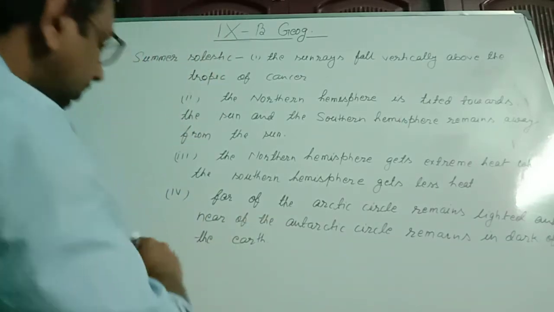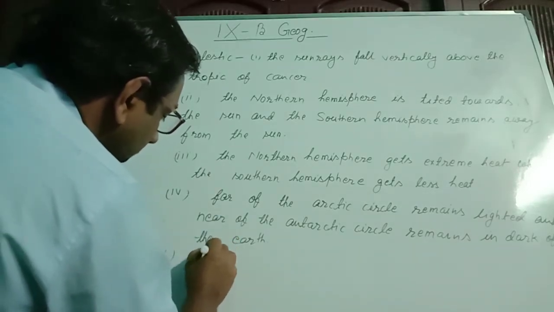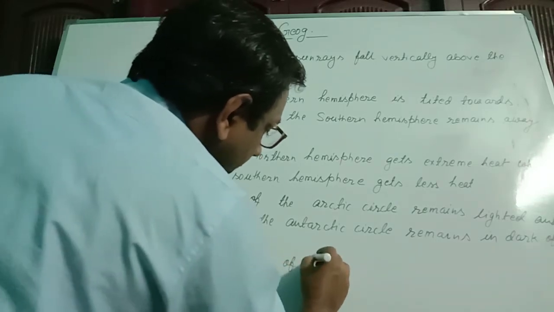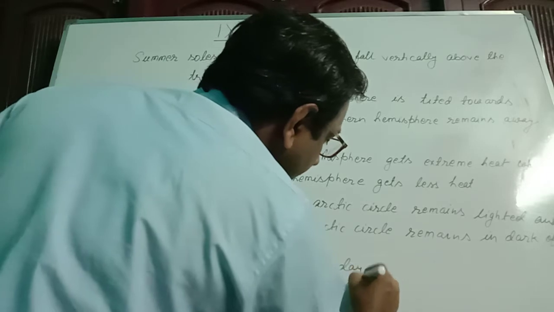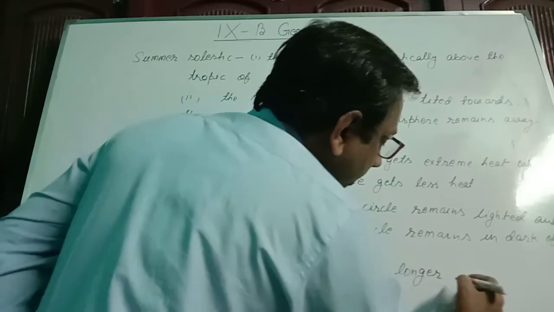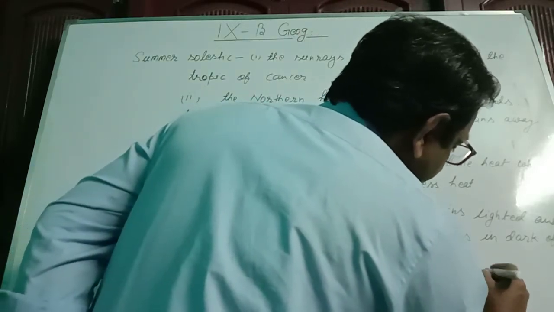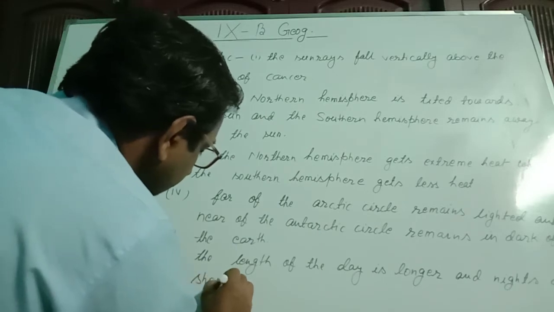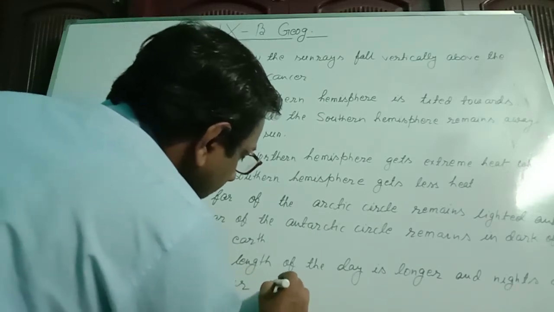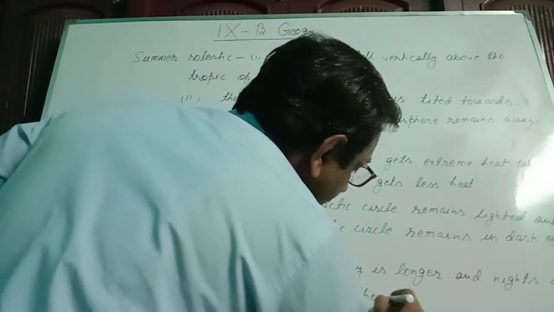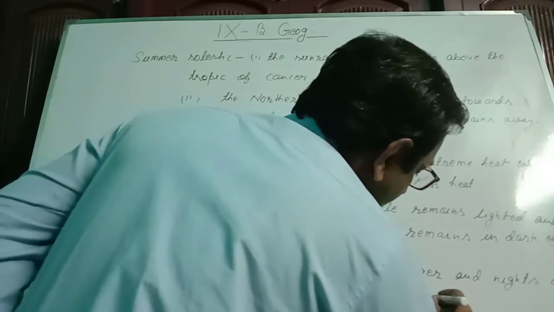Number 5, the length of the day is longer and nights are shorter in the northern hemisphere.